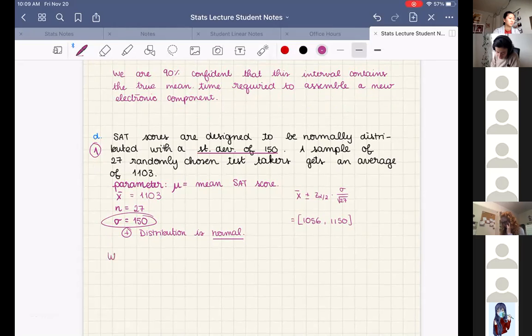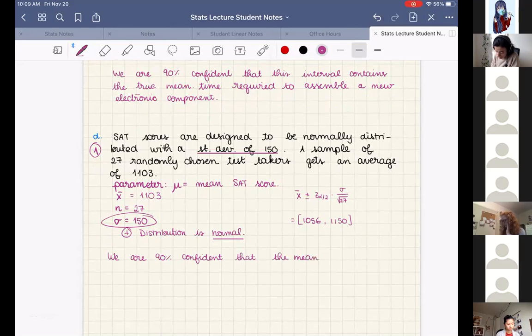So we are 90% confident that the mean SAT score is between 1056 and 1150.